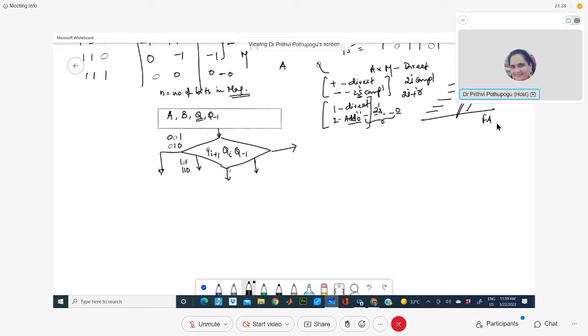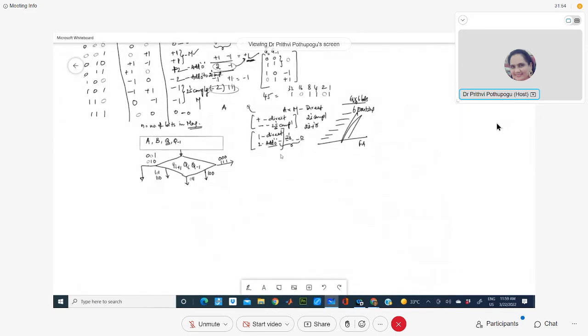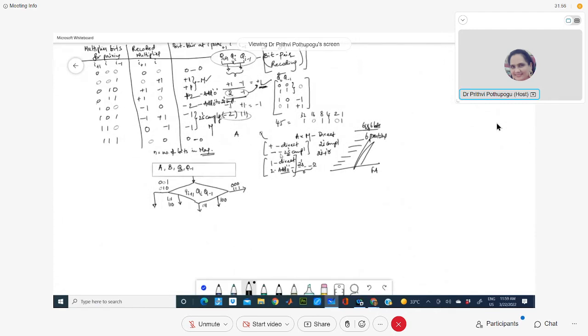Then 0, 1, 1, 1, 0, 0, 0, 0, 0, 1, 1, 1. If it is not visible, I'll make it small. I'm writing this flow chart with respect to this table. So 1, 2, 3, 4, 5, 6, 7, 8.